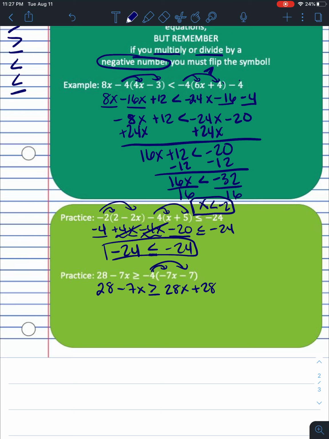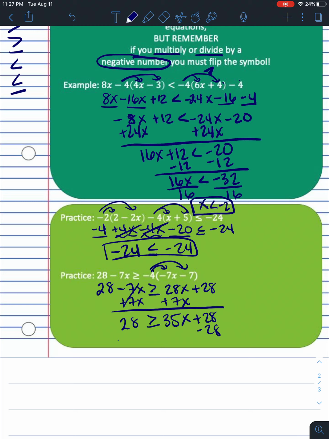So now let's go ahead and add 7x to both sides. So we have 28. This makes 0. It's greater than or equal to 35x plus 28.